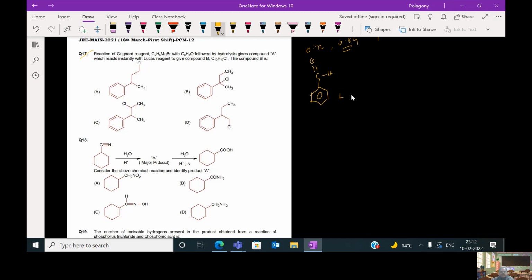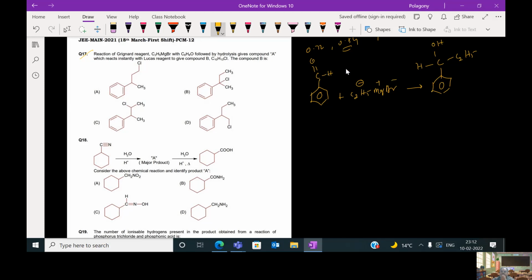Treated with this Grignard reagent C2H5MgBr, which is negative, positive, negative, followed by hydrolysis, the compound A reacts with Lucas reagent.